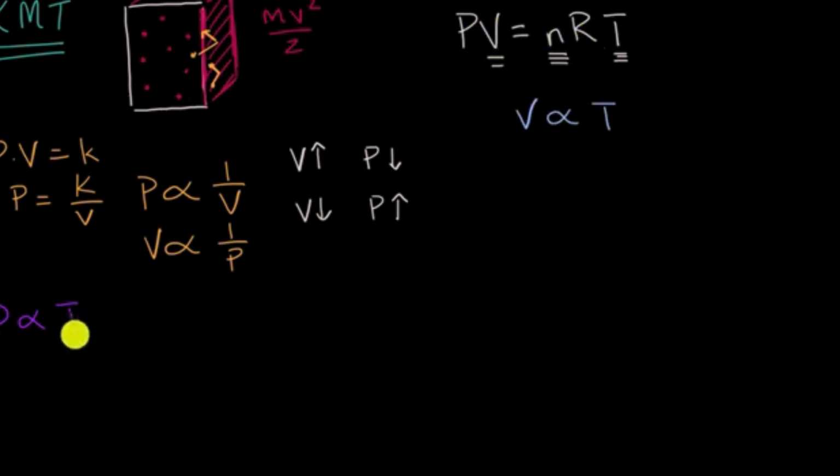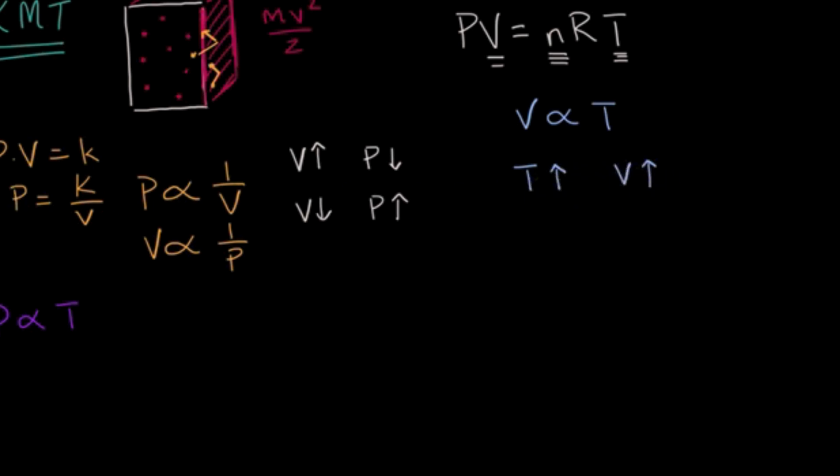Well, to think about that, you can go through that same thought experiment we just had. If we increase the temperature, if these things are moving around faster, if you want to have the same amount of force per area on the side of the container, you're going to have to increase the volume. So this relationship, which is completely consistent with kinetic molecular theory, is often known as Charles's law.